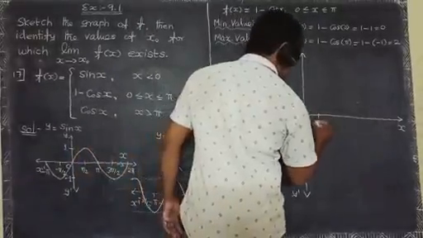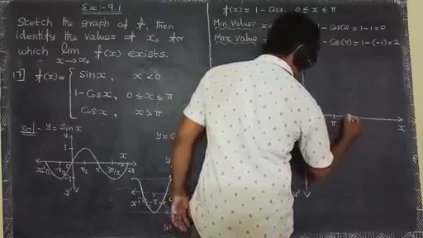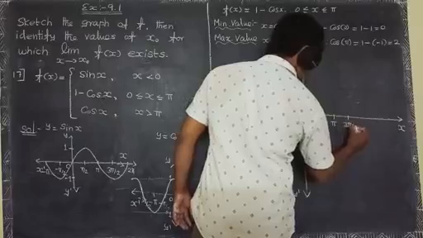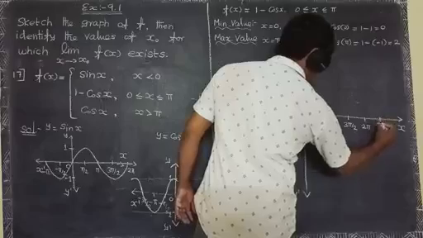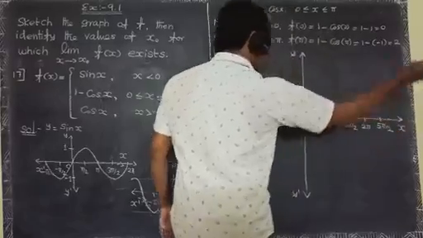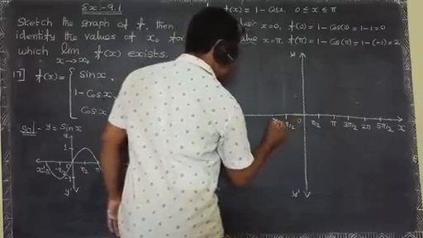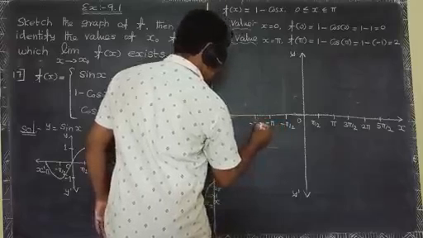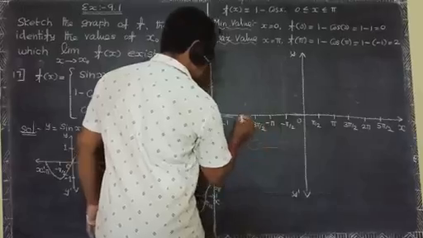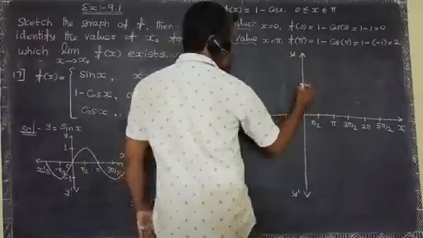Here this is pi by 2, pi, 3 pi by 2, 2 pi, 5 pi by 2, and so on. Minus pi by 2, minus pi, minus 3 pi by 2, minus 2 pi, and so on.